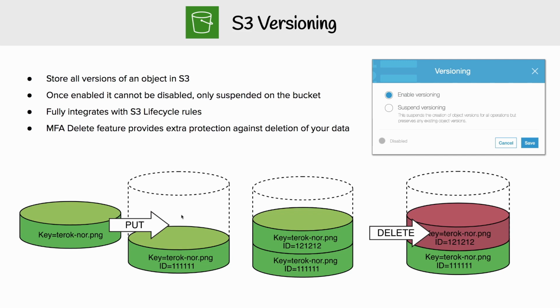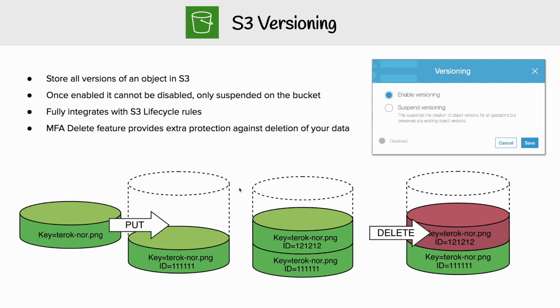When we put a new object with the exact same key, it's going to create a new version of it and give it a new ID, whatever that ID is, 121212. Now if you access this object, it's always going to pull the one from the top. And if you were to delete that object, it's going to access the previous one.